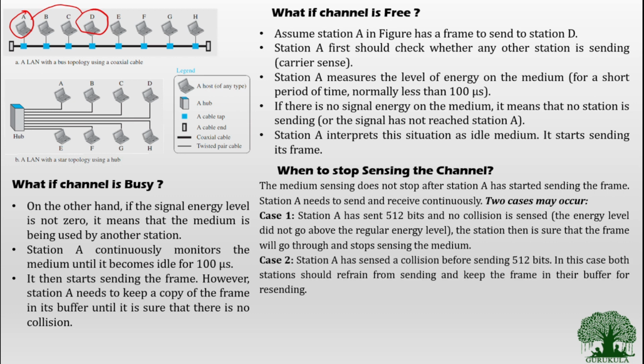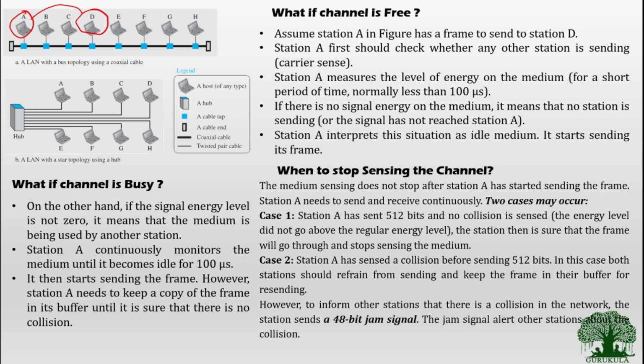The second case is a failure case. If A senses a collision while a frame is being sent, both stations should refrain from sending and receiving the frames. After sensing the collision, as we already saw in the flow diagram, it has to send a jamming signal, which is 48 bits in length.